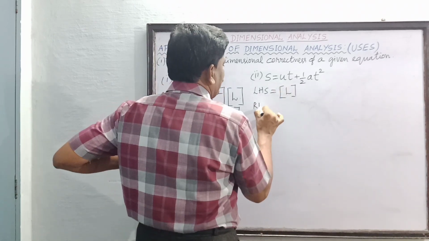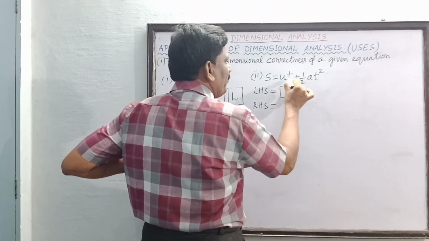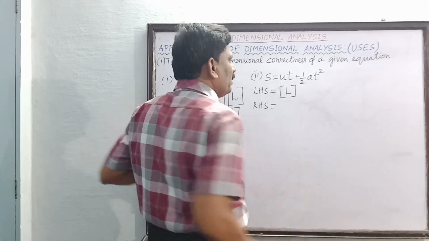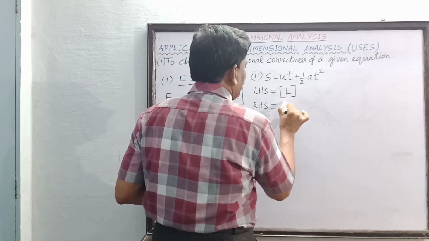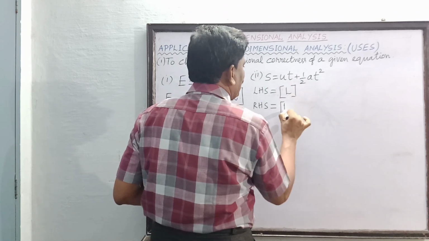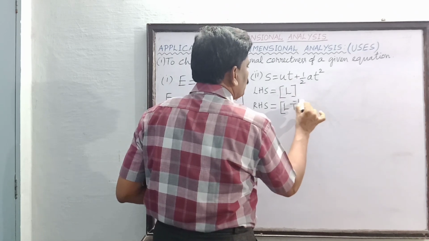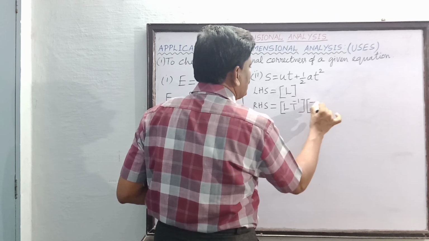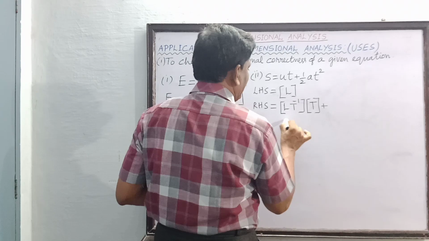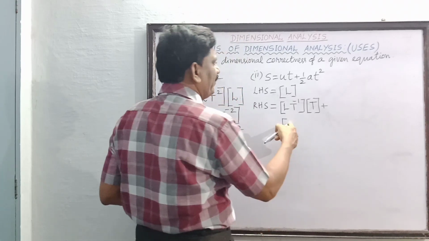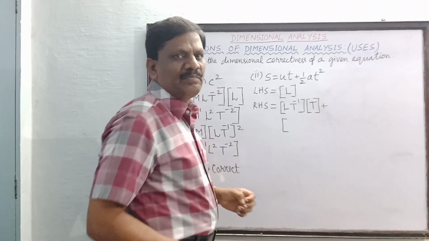The right hand side is equal to, first term is u. U is velocity, initial velocity, into time. So I will write the first term as L T power minus 1 multiplied by time, which is T, plus the second term. Here this half is a number, is it not?